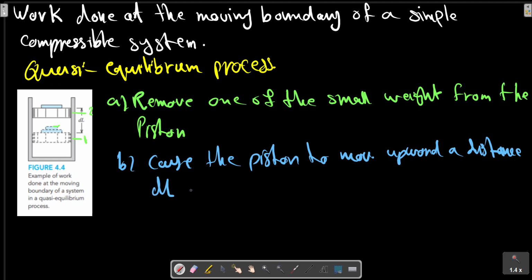We can consider this a quasi-equilibrium process and calculate.